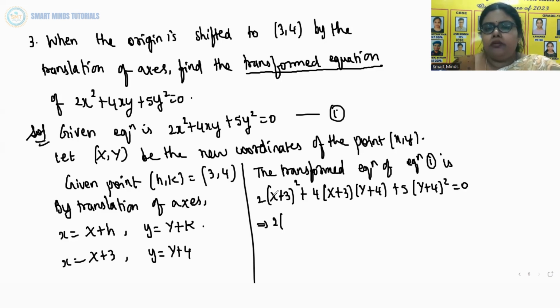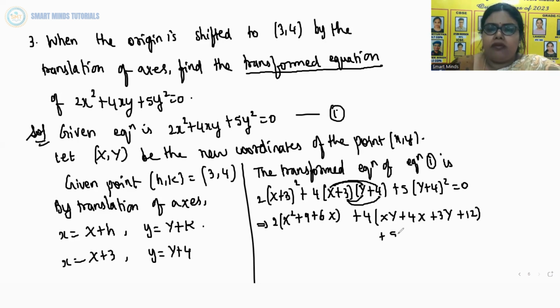So 2 into, now you expand this, (a + b)², a² + b² + 2ab, plus 4 into, now you multiply this into this, this into this, this into this, this into this. So you get XY + 4X + 3Y + 12, plus 5 into Y² + 16 + 8Y = 0.